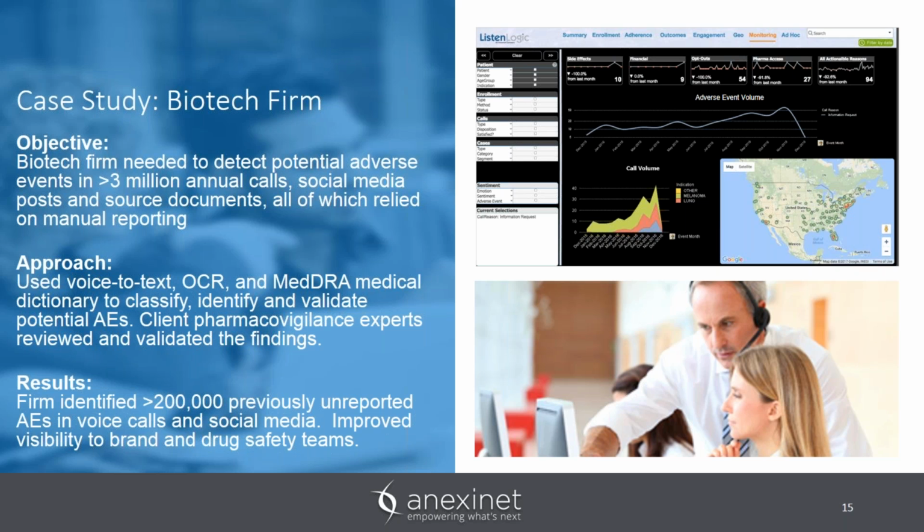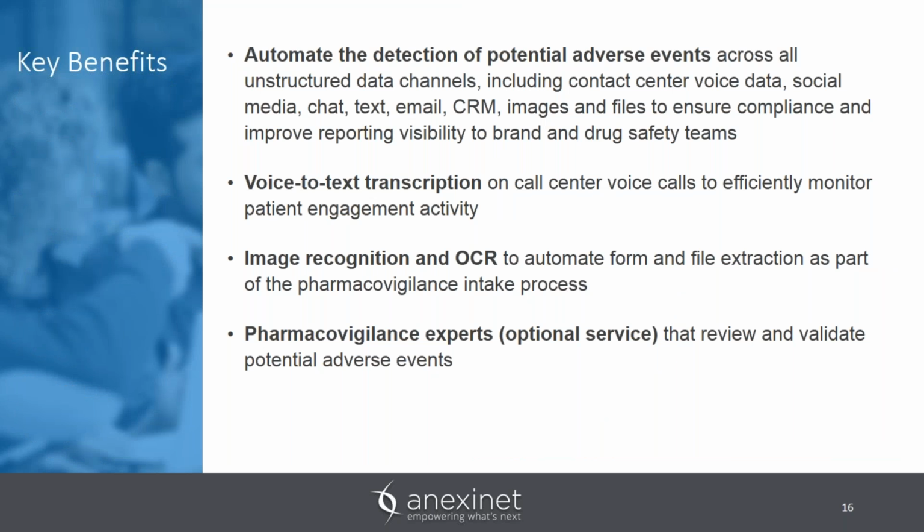The result was AE Monitor found over 200,000 previously unreported AEs in the voice calls and social media, which greatly improved visibility to the brand and drug safety teams. The biotech firm also saved millions through this automation. They were able to achieve a 5x ROI.